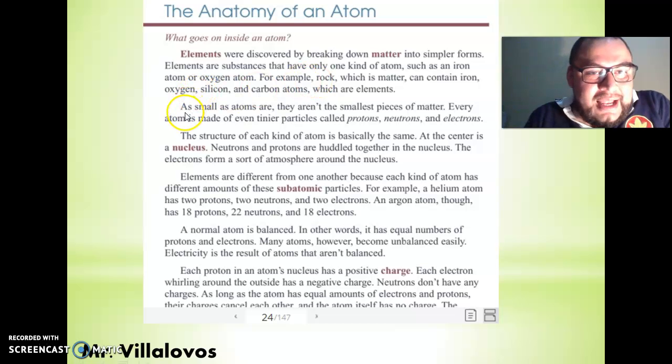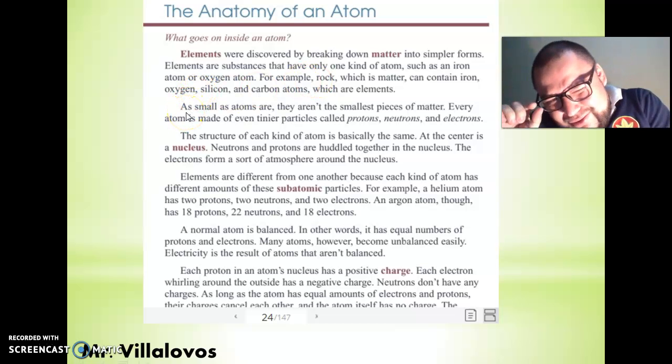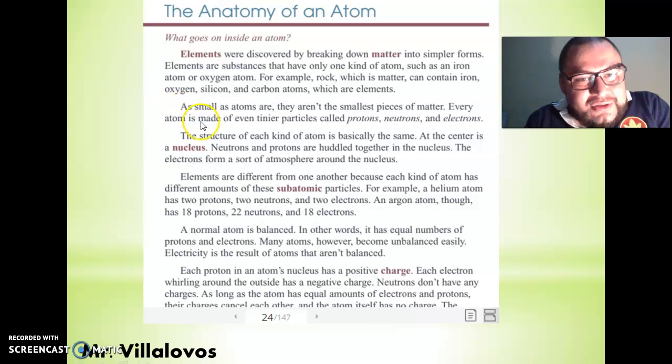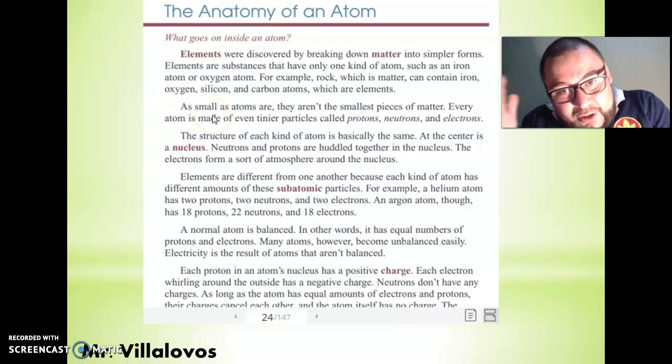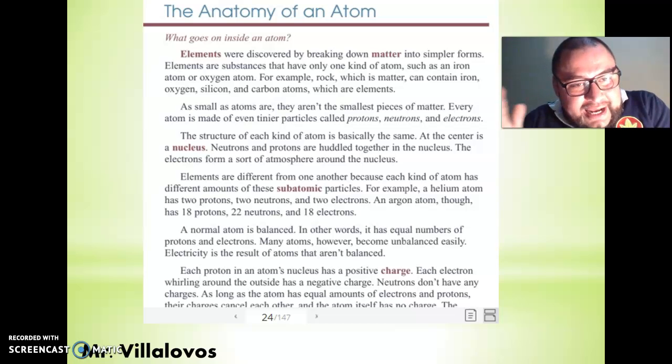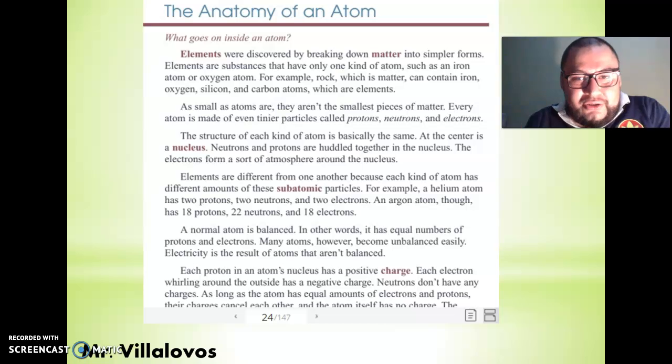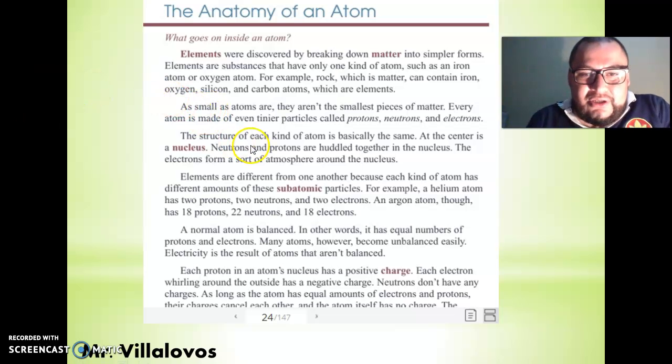As small as atoms are, they are not the smallest pieces of matter. Every atom is made of even tinier particles called protons, neutrons, and electrons. Again, protons, neutrons, and electrons.